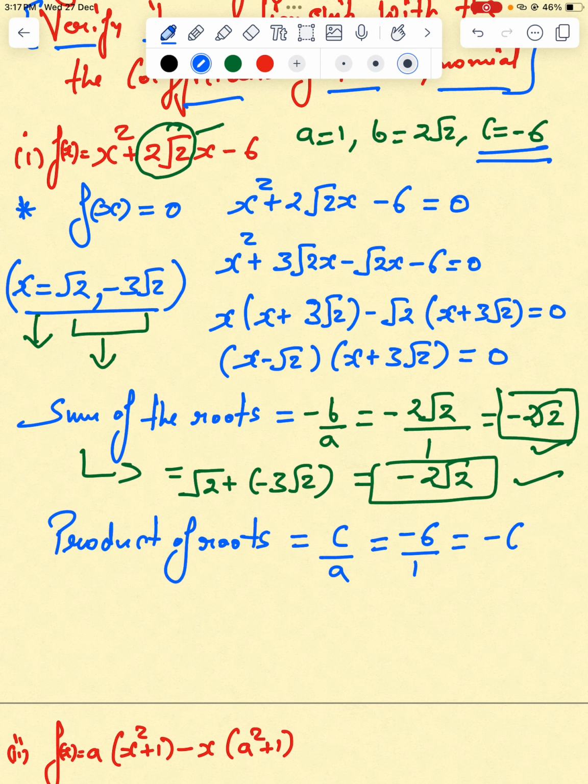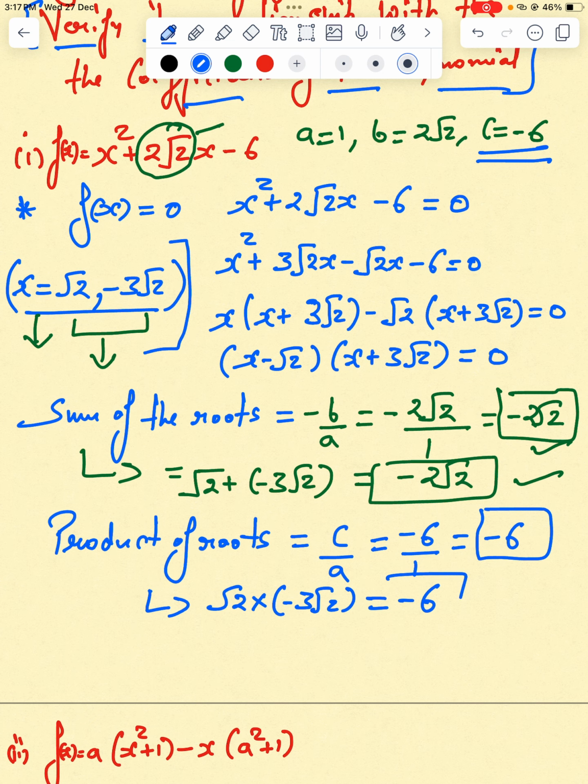So we are getting product of roots is equal to minus 6. From this, if I multiply both the roots, we are getting 3 root 2 multiplied by root 2 is minus 6. So we are getting the same result.